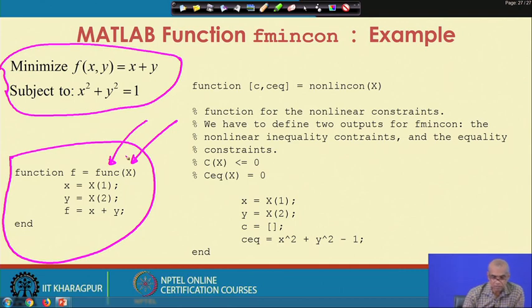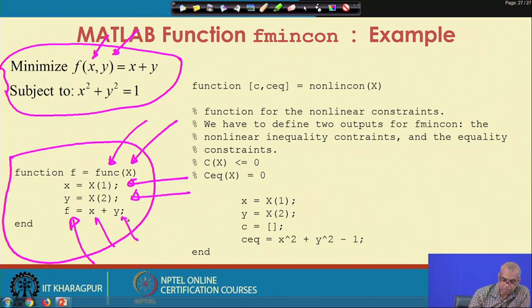This is a vector which contains this x and this y. So, x equal to capital X of 1, y equal to capital X of 2. So, f, the objective function, is nothing but x plus y.